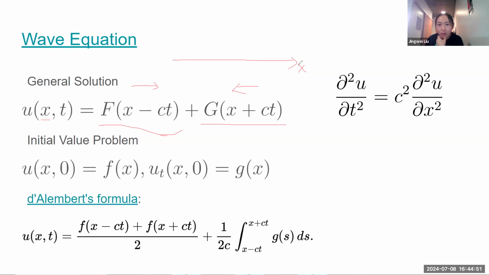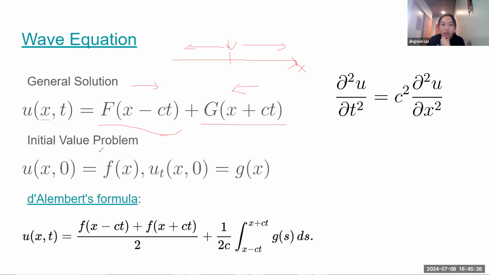So in this one-dimensional model, for any sound wave, this is the initial position. After this, it will produce a sound wave going to the left and going to the right. So this is the general solution, and this is the general shape of the wave that will be produced by a sound source. For any one-dimensional sound source, there will be two waves propagating to the right and to the left.